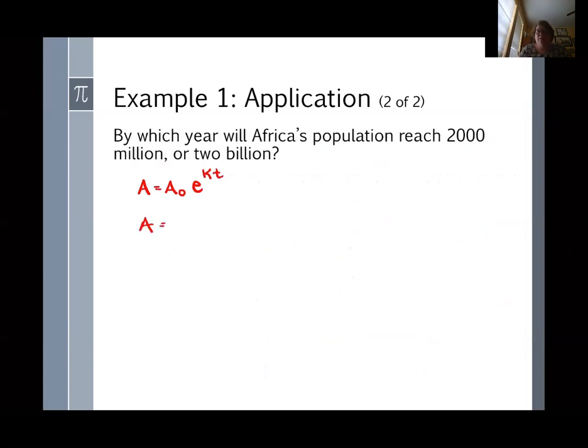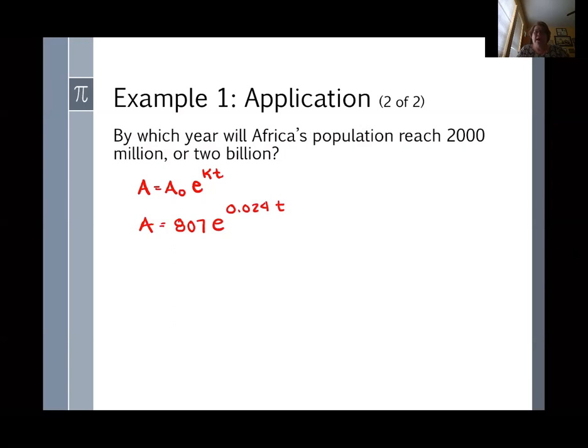A sub 0, the population that we began with, is 807 million, e, and we found k to be 0.024 times t. So there is our exponential model that models the growth in population in Africa.